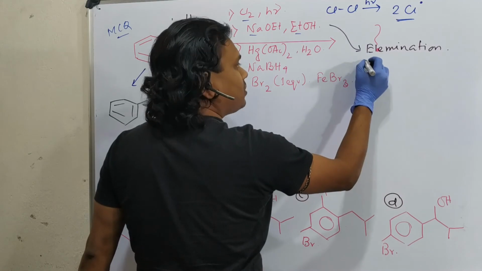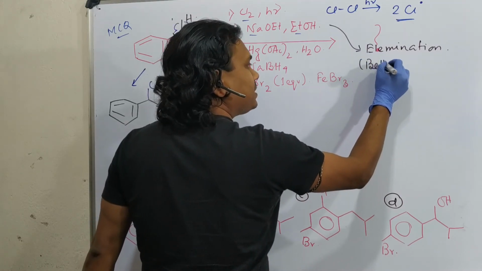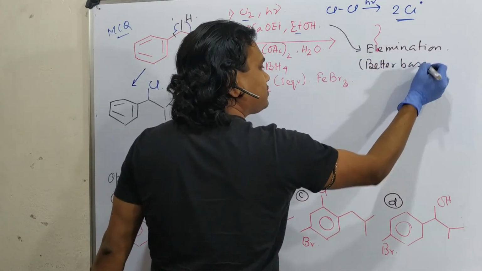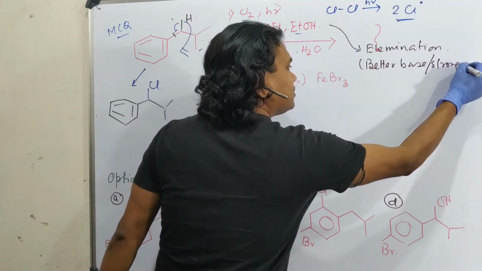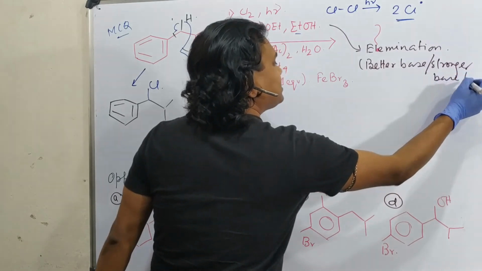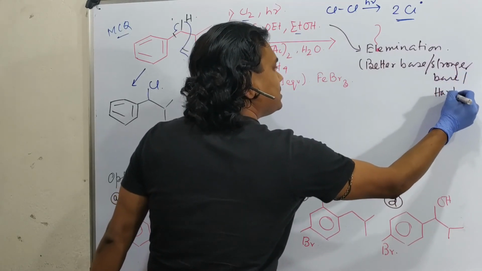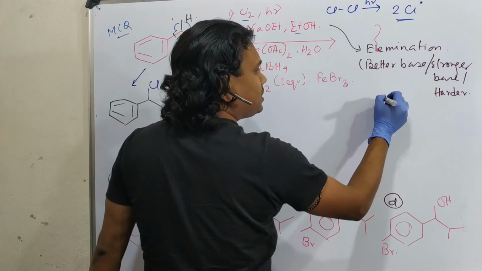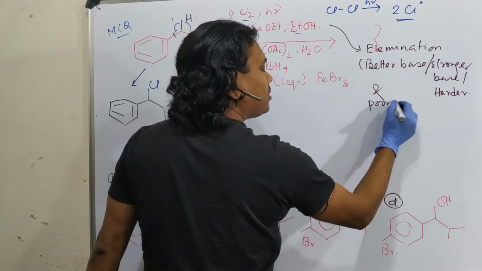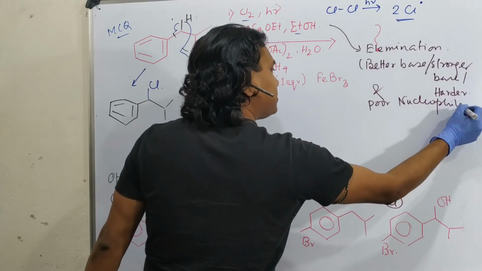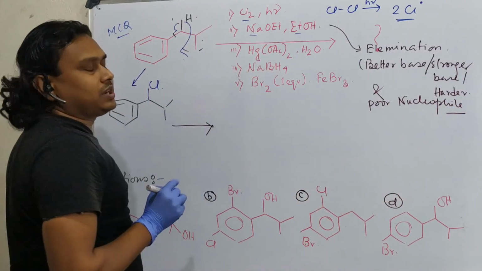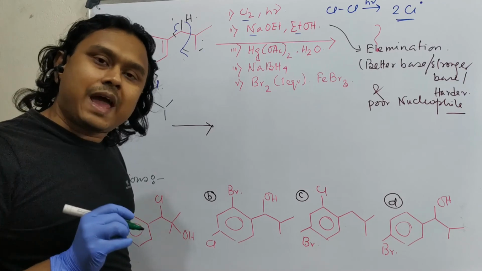Because sodium ethoxide is a stronger base, or you can say harder. So this is actually a poor nucleophile. Sometimes we write it as a nucleophile, but please remember this thing. This is a poor nucleophile, so it will act as a base.